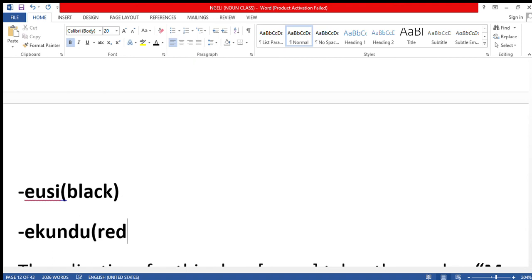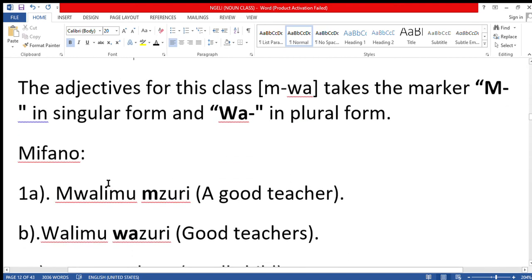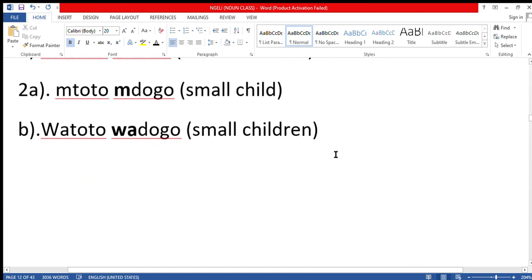Okay, red. So how do we conjugate these colors in this format here? We can write here, example 3a, paka mweupe.